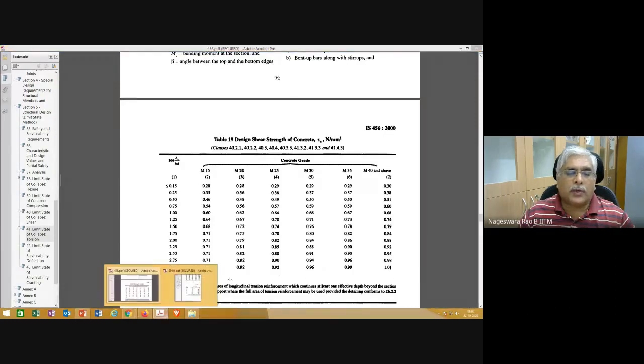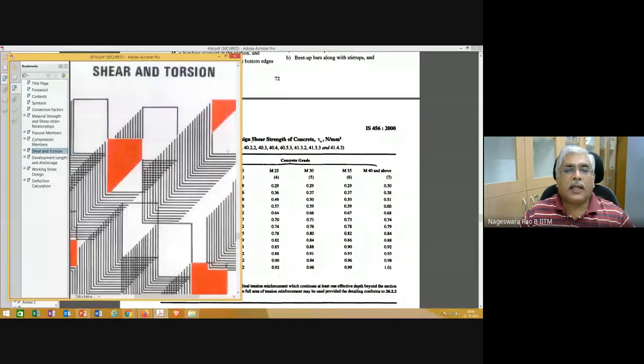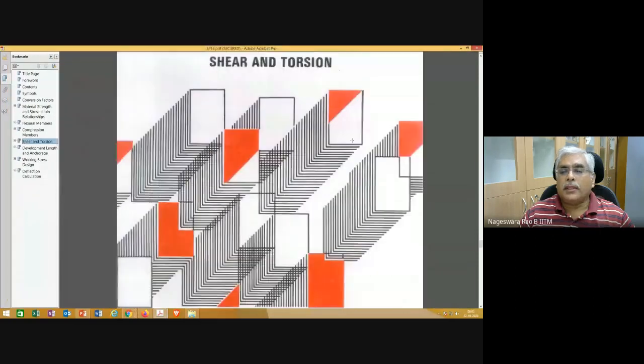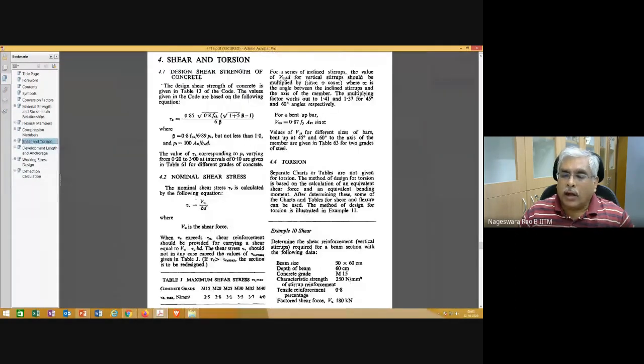You can make use of it and find the design shear strength, and then you compare nominal shear stress with design shear strength.